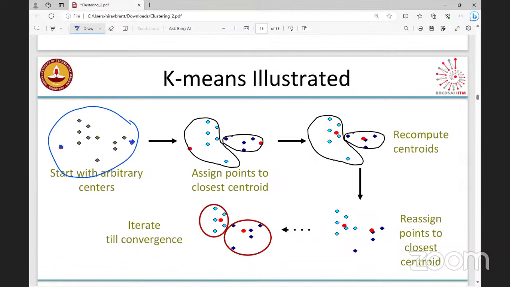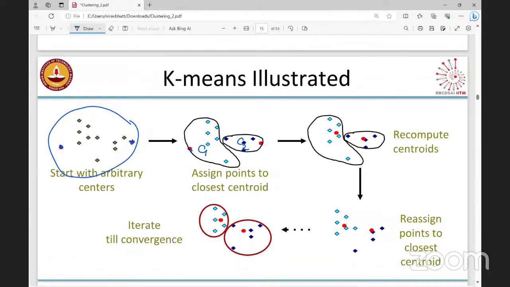Using these 2 centers and some notion of distance, I will find the nearest points and create clusters. Here you can see I have created cluster number 1 and cluster number 2. These are the 6 points in the set C1 because they are closest to the C1 center, and these 4 blue ones are in red.